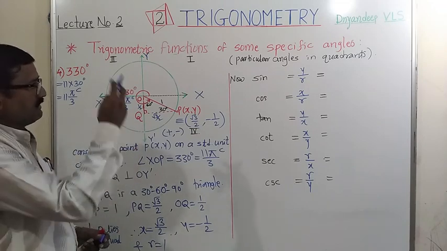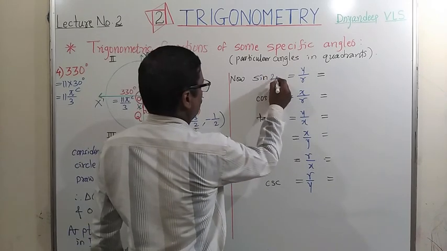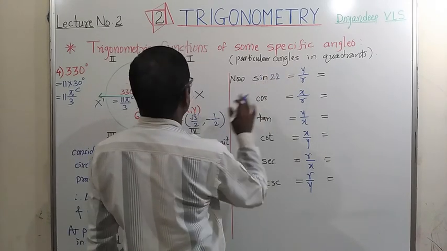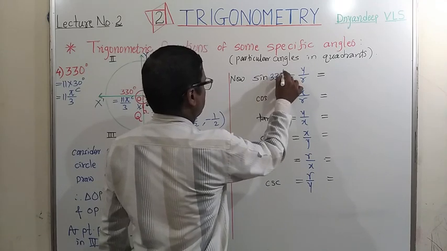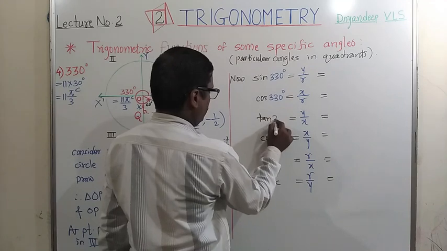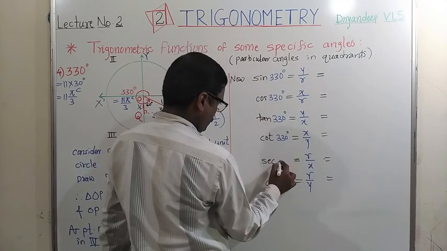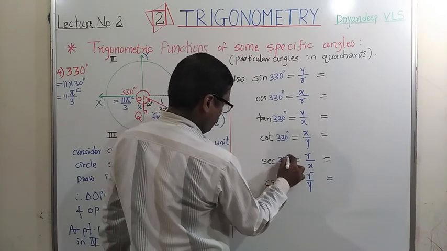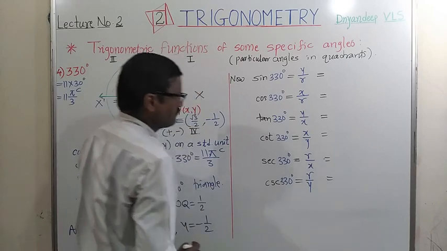Now let us find the trigonometric functions for the angle: sin 330 degree, cos 330 degree, tan 330 degree, cot 330 degree, sec 330, and the last one cosec 330 degree.